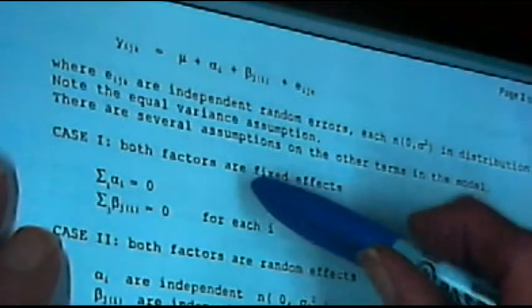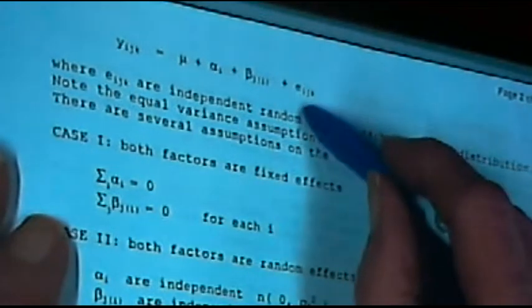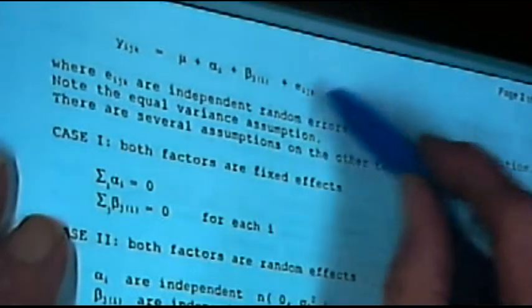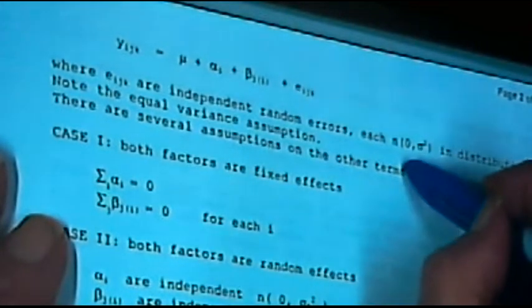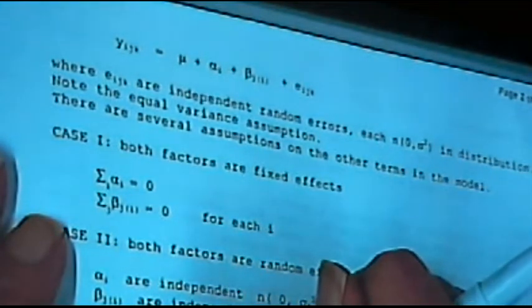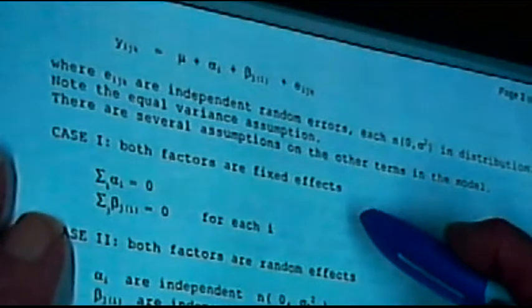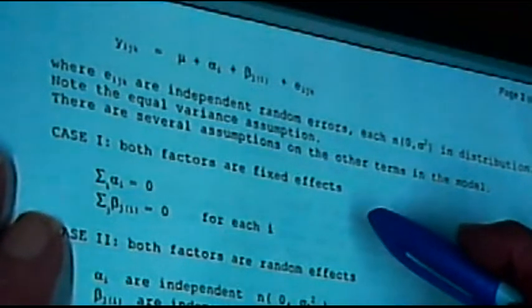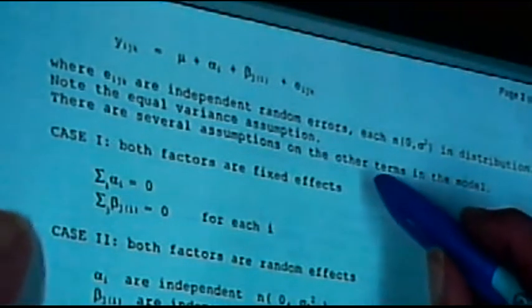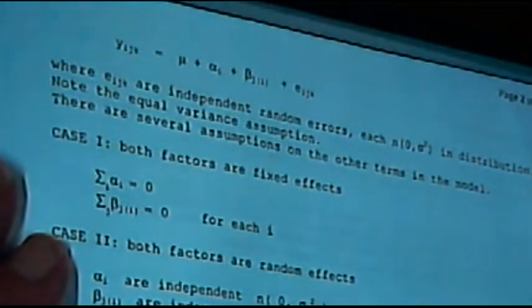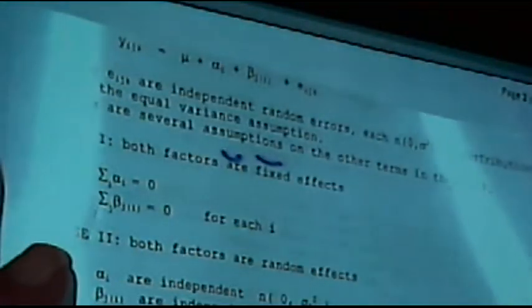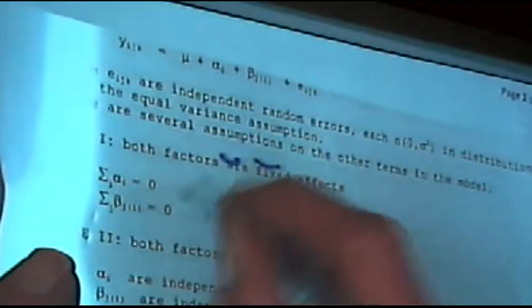The terms of the model are fairly standard. The errors at the end on the right are assumed independent normal 0, sigma squared. And the other pieces in this model, this is a fixed effects model, so they're constants. There are some side conditions on these constants, which are kind of like the usual ones we've seen before.